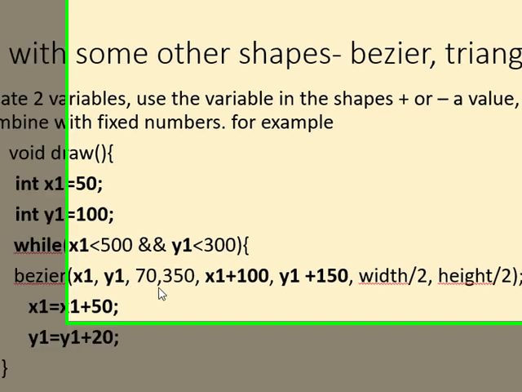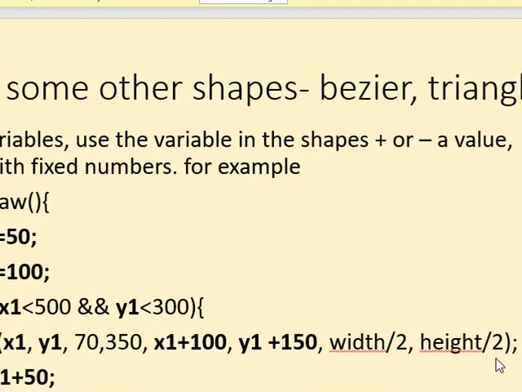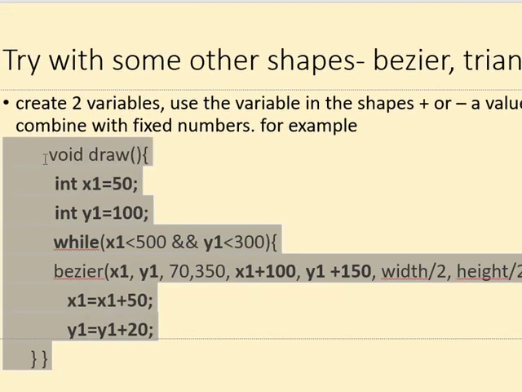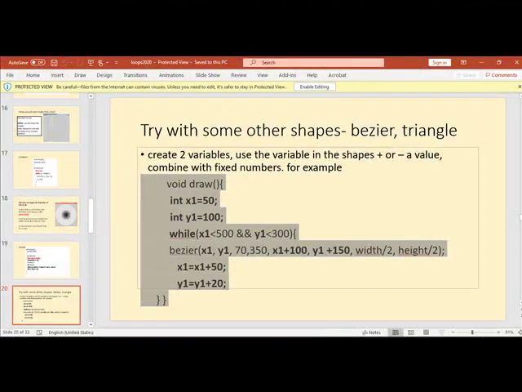And then I just made a Bezier, which I know has 8 different coordinates. I threw in my x1 and my y1, and then I put in some numbers. This was all just completely random. I didn't spend a whole lot of time thinking about this.